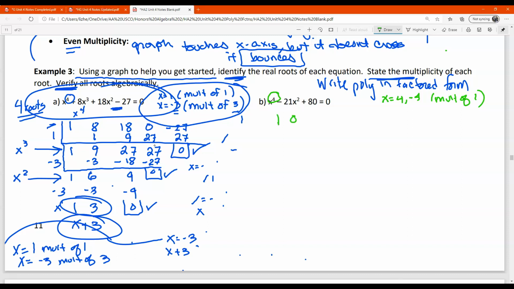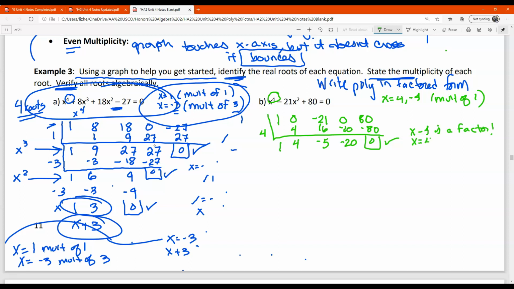I have 1, a 0 for x cubed, negative 21 for x squared, a 0 for x to the first, and an 80 for my constant. And I'll put 4 there. 1, 4, 4, 16, negative 5, negative 20, negative 20, negative 80, 0. Yay! That means x minus 4 is a factor.